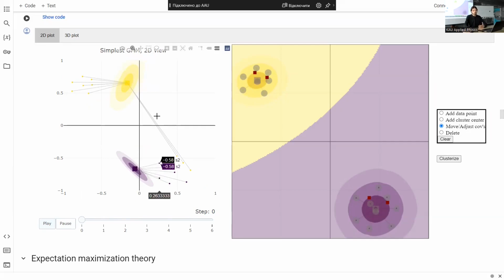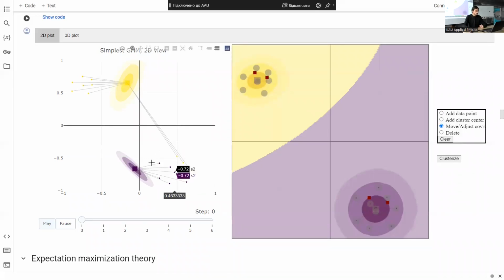What do I do here? I have some initial guess for the parameters of my Gaussian functions. So this is my initial guess. They have some centers, they have some sigma matrix, and so on and so forth. Having that guess, I can calculate for each point the probability to belong to each of these normal distributions.